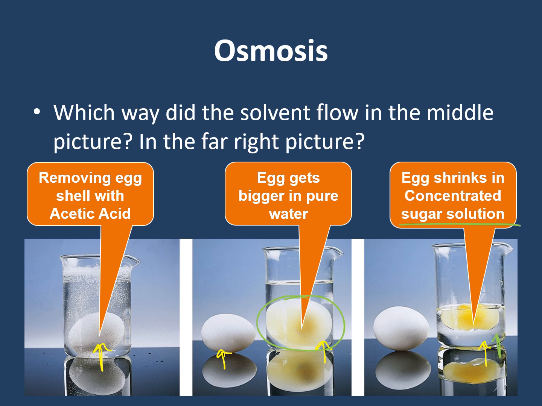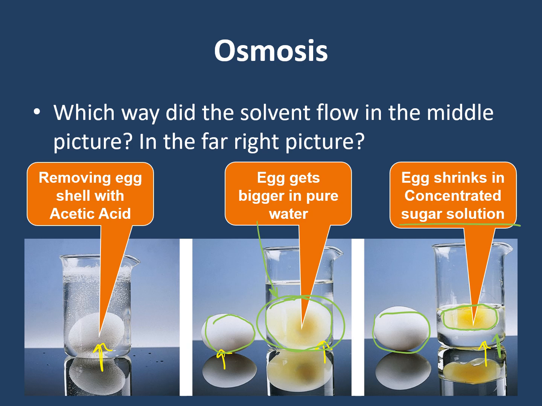What you'll see happen to our shell-less egg is that in the pure water solution, our egg gets way bigger, right? This is the size of it here. You can see that it got much bigger in the pure water solution, whereas when we put the egg in the concentrated sugar solution, you see that it got much smaller. It's pretty neat to watch.